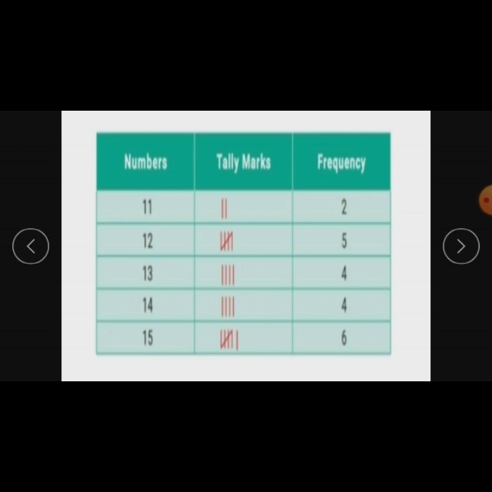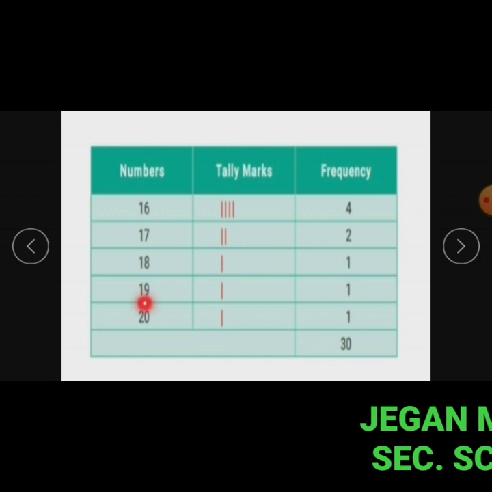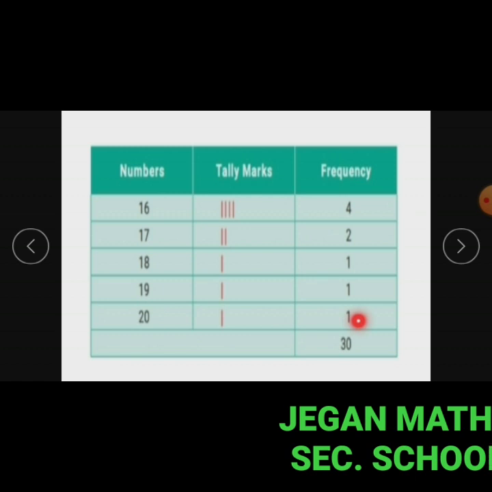11 marks were scored by 2 students. 12 marks were scored by 5 students. 13 by 4 students. 14 by 4 students. 15 by 6 students. 16 marks by 4 students, 17 marks by 2 students, 18 marks by 1 student, 19 marks by 1 student, 20 marks by 1 student.